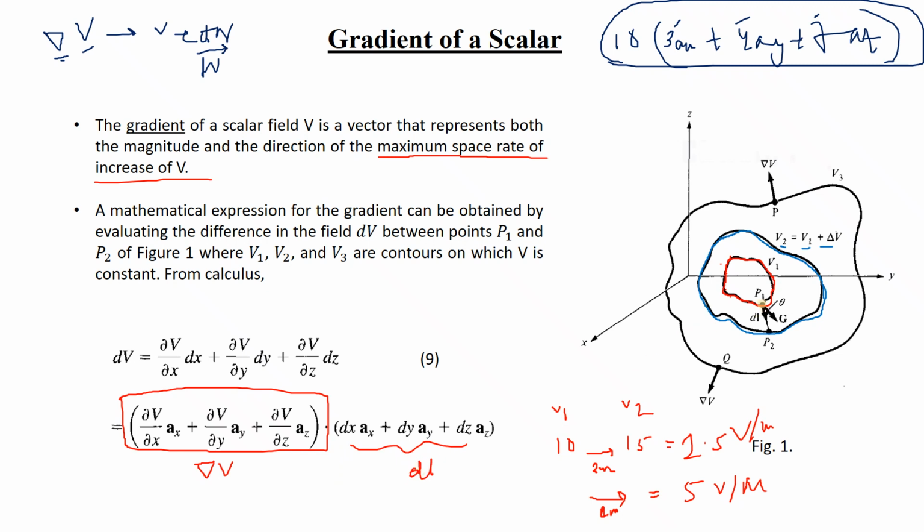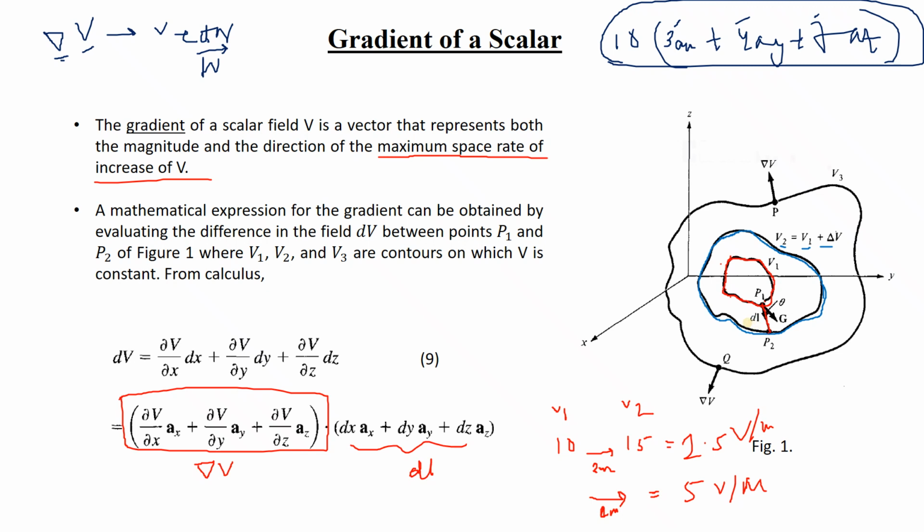What is dl? That means it is the shortest path. That is, if you are traveling from point P1 to P2, then you are traveling the shortest path. But you are increasing the potential by some value. So we have told you that you have to go for the maximum space rate of increase of v.